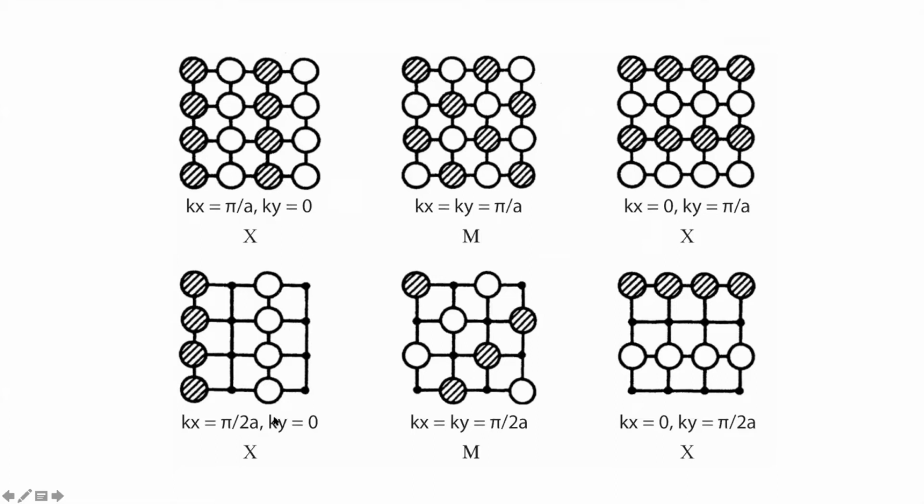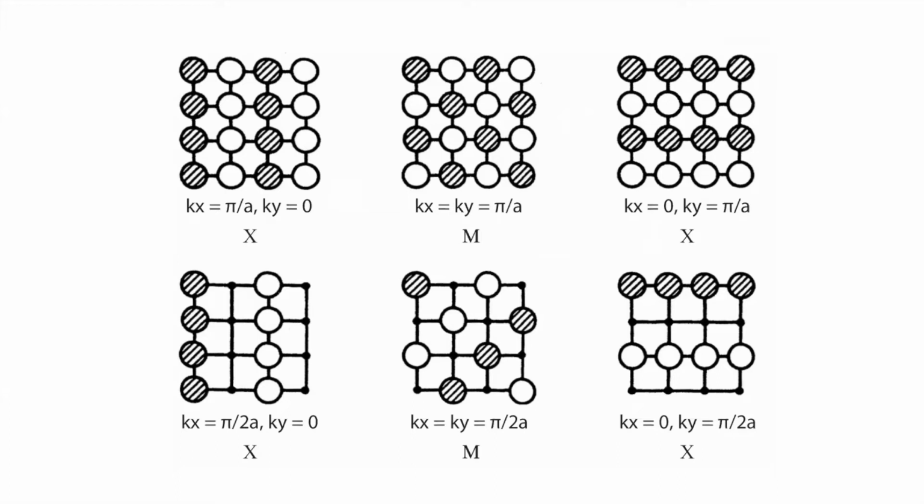Now let's do the case going along the x direction, but where kx is not pi over a, but kx is pi over 2a. So you can think about this for a minute, and you can go and plug all these numbers into the Bloch function if you want.